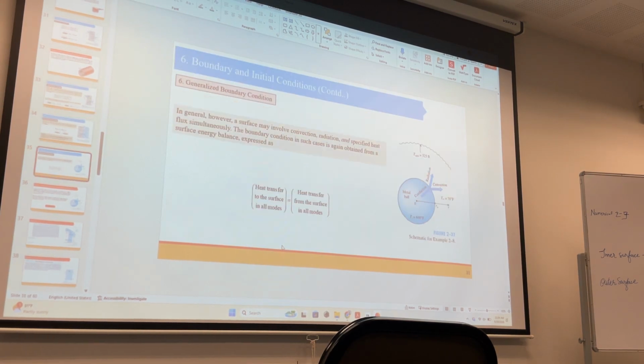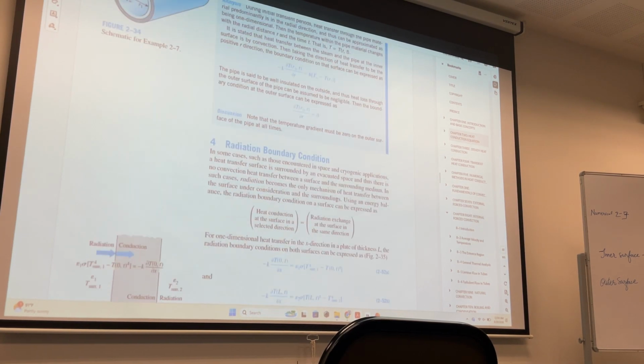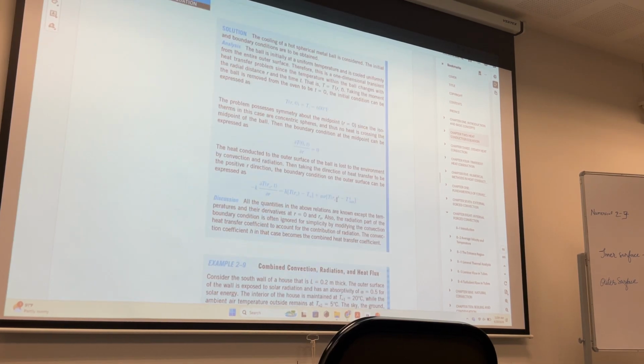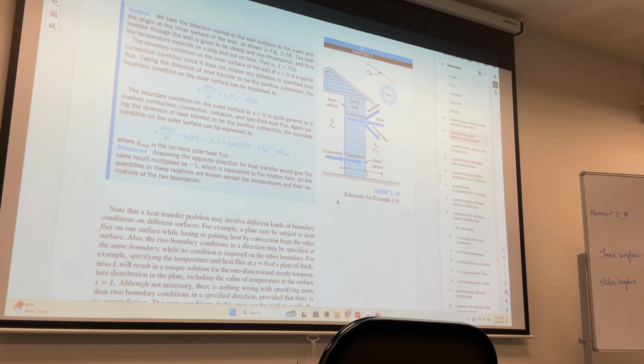And the second is this generalized boundary condition. Okay? So inside is the convective boundary condition, outside is the generalized one. Understand?